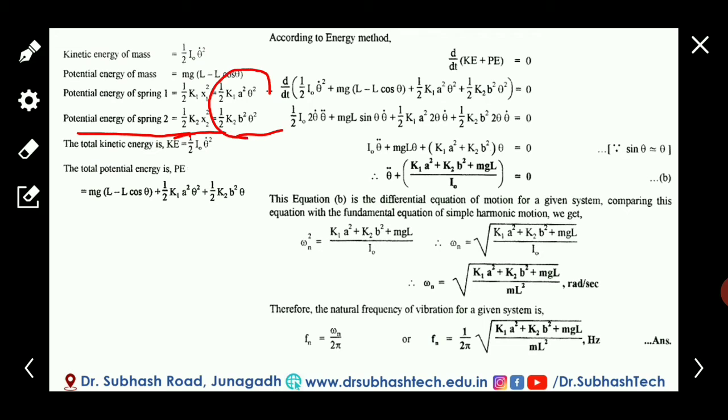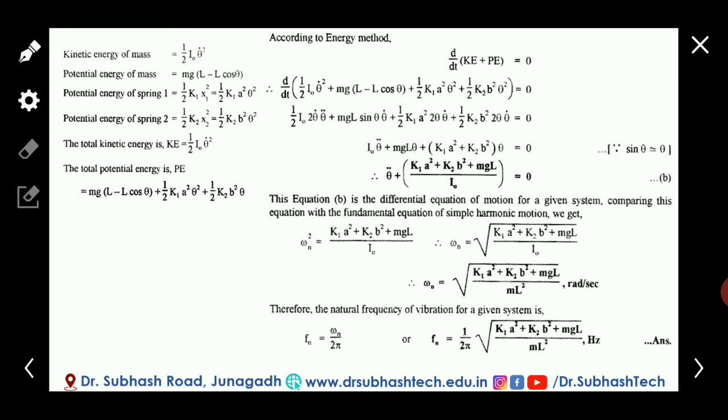So here is the potential energy of the springs. So we sum all the potential energy: first, due to the height change, the potential energy mg(L minus L cos theta), then both spring energies. This is the total potential energy.